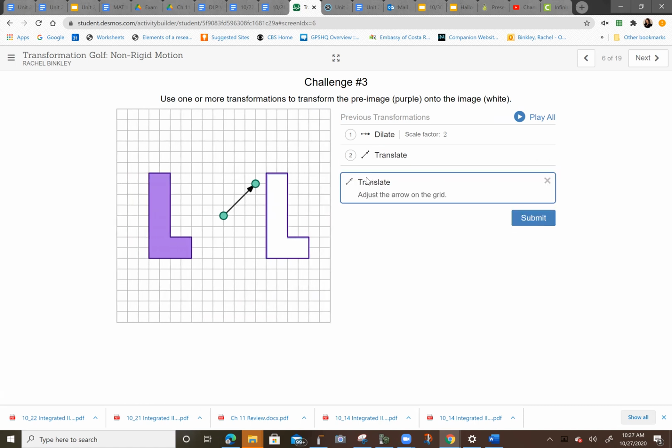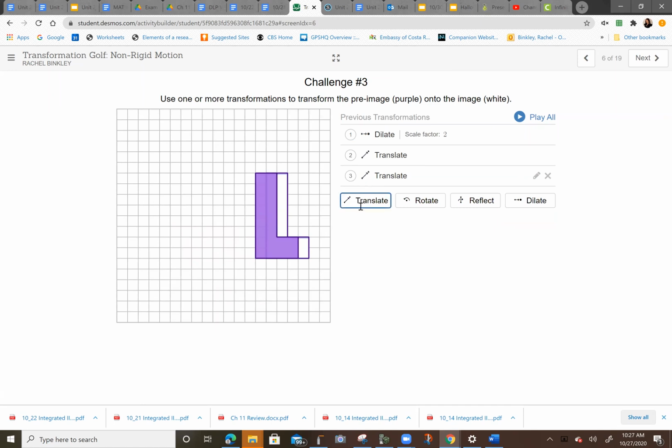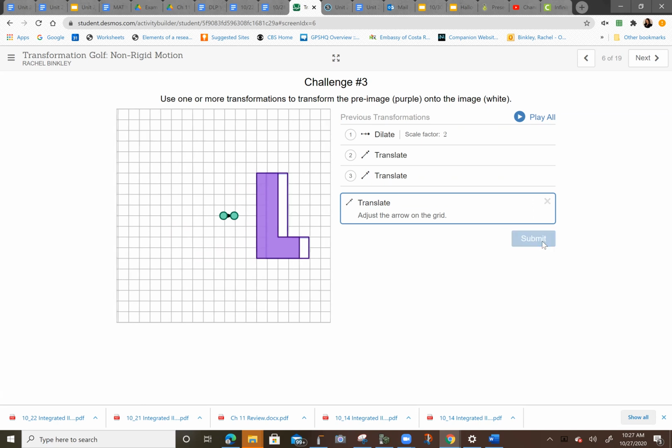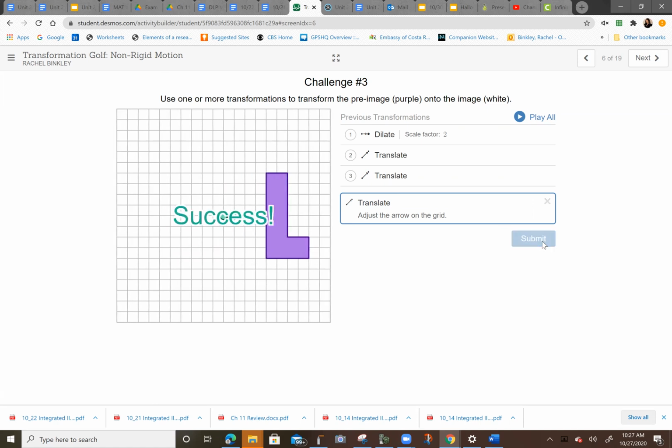How many? I'm at the bottom of the L. 1, 2, 3, 4, 5, 6, 7. We'll get it to the end of the L. 8, 9, 10, 11. We'll get it in the same spot. Whoops, I'm going to need one more. So I just shifted it right and I had to dilate it.